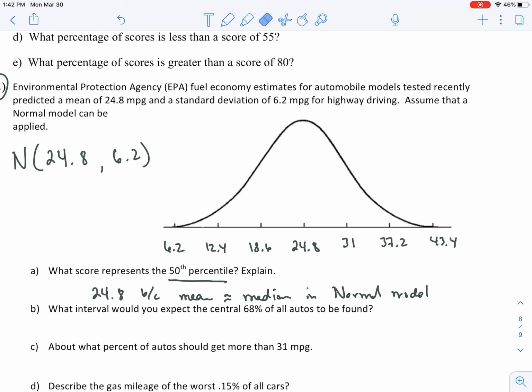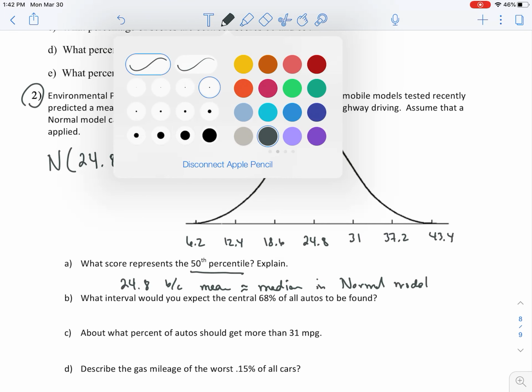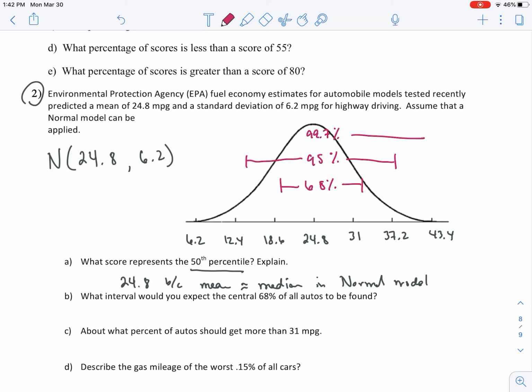Okay, what interval would you expect the central 68% of all automobiles to be found? The central 68%. Remember, the rule is 68, 95, 99.7. The central 68 would be within 1 standard deviation of the mean.